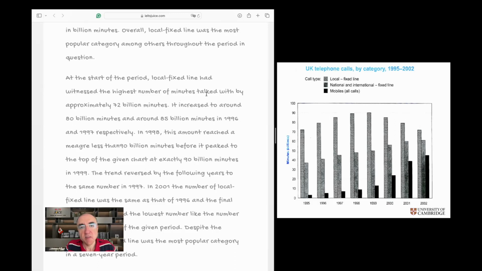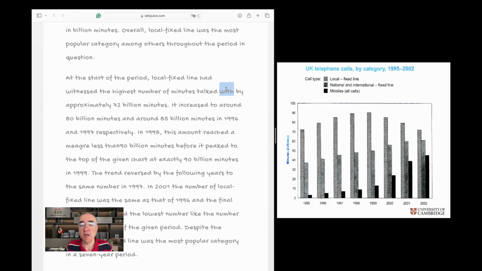Number of minutes talked. The number of minutes. This is a contracted relative clause. This is good grammar. The writer has some knowledge in grammatical range, in English and grammatical structures. But does it make sense? The highest number of minutes talked. The minutes which were talked with. Again, the structure is very weird.